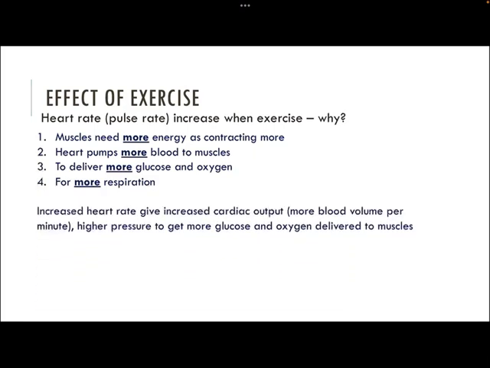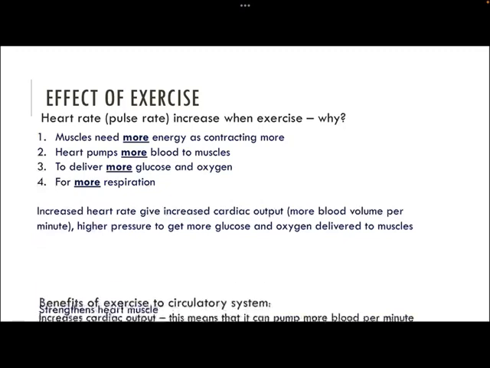You need to be talking about those points, and particularly at least mentioning the word more once, because at normal times they are receiving the blood with glucose and oxygen, the cells are respiring, but when you're exercising, there's more respiration. The increased heart rate will give increased cardiac output. That means there's more blood volume per minute, higher pressure to get the more glucose and oxygen being delivered to the muscles.